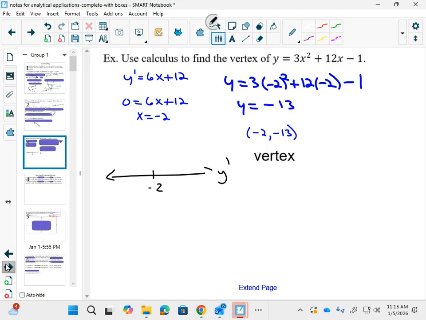If I plug -4 into my derivative, you'll get -24 plus 12. It will be negative. And if your slopes are negative in a section, your graph will be decreasing. And if you pick something bigger than -2, my favorite is using 0 because it makes mental math easy. Plug in 0, I get +12. That's going to tell us our graph is increasing. Now you knew this parabola.